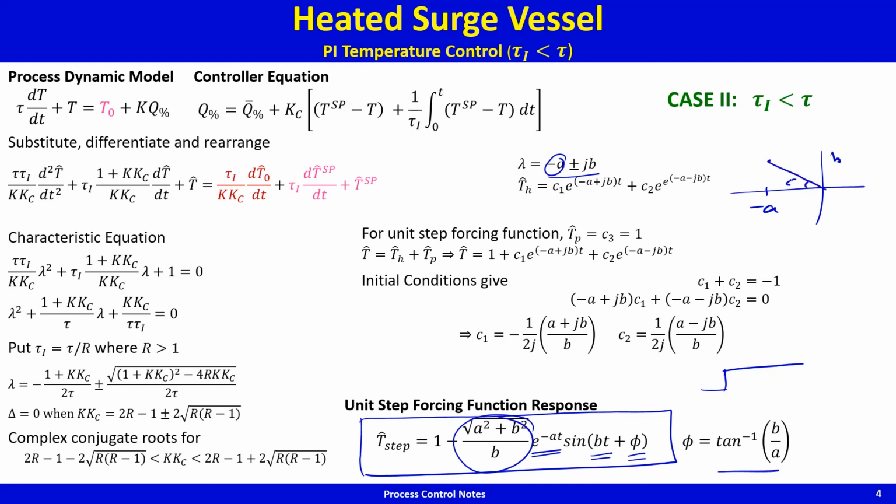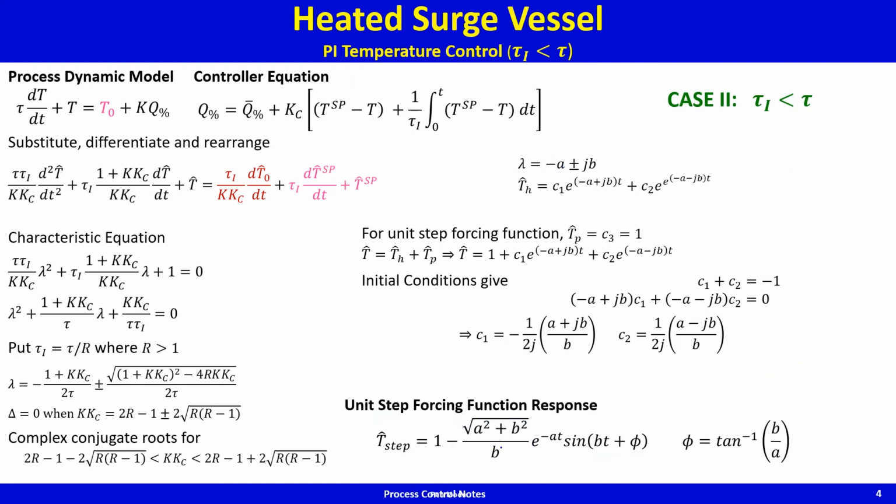So this is the definition of phi. And if you look at phi, this guy is imagine b by square root a square plus b square. So this chap can be written as e to the power minus at divided by sine of that phi angle. Anyway, so that's that.